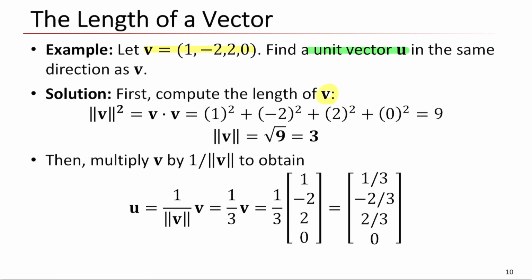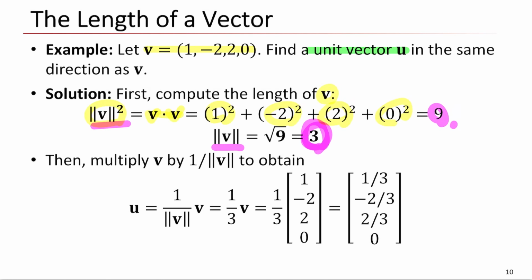First of all, compute the length of v. So we take the inner product of v and v: the square of 1 plus the square of negative 2, the square of 2, and the square of 0. So it should be 9, right? So in this case, the length of v is equal to 3.